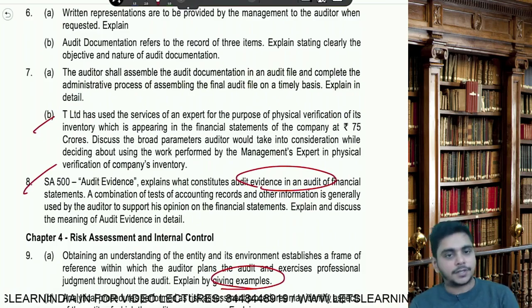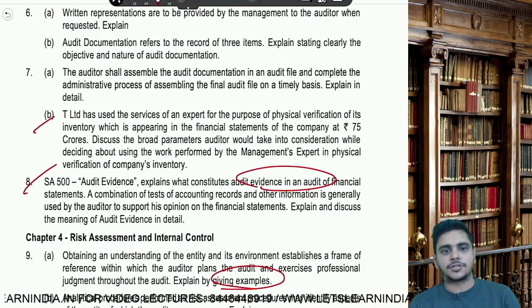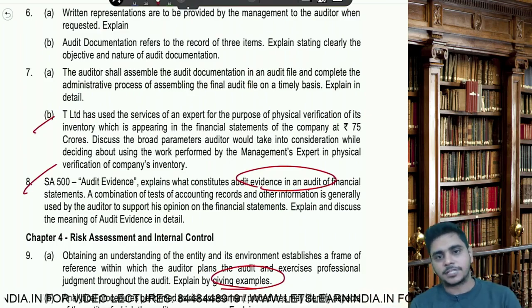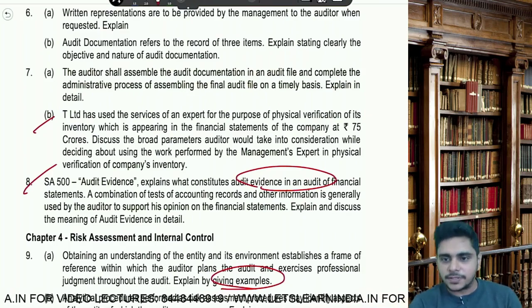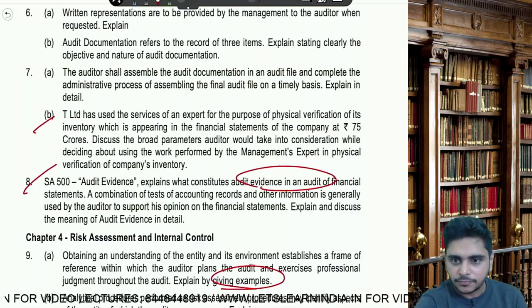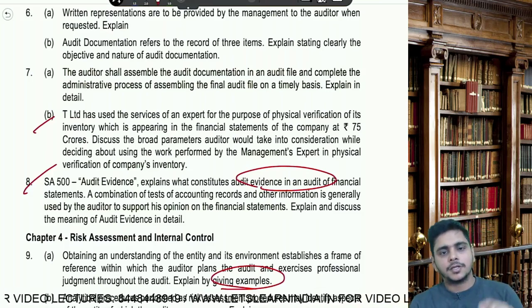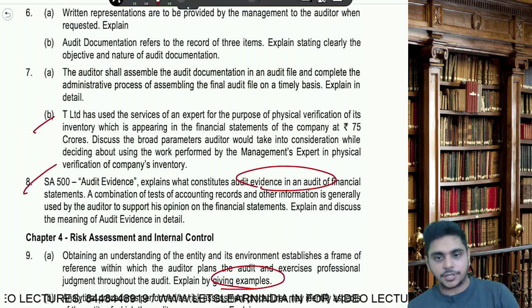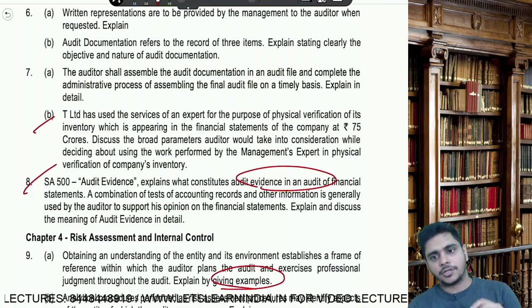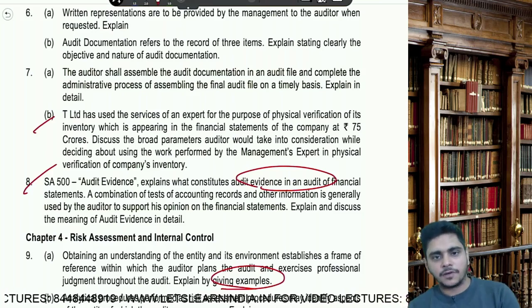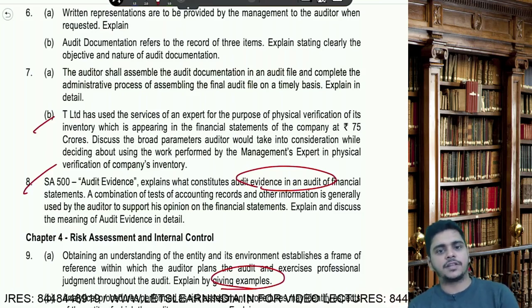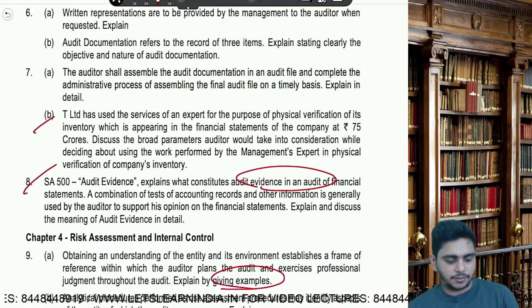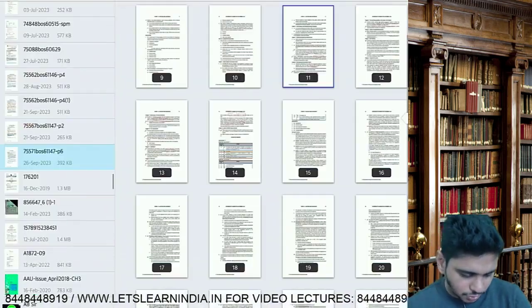Discuss the broad parameters the auditor would take into consideration while deciding about using the work performed by the management's expert in physical verification of the company's inventory. Okay, so 7B is a new question.